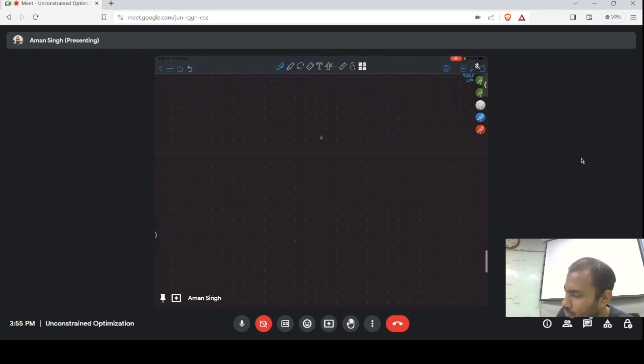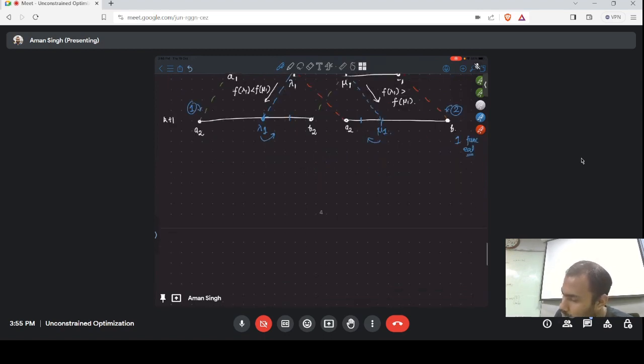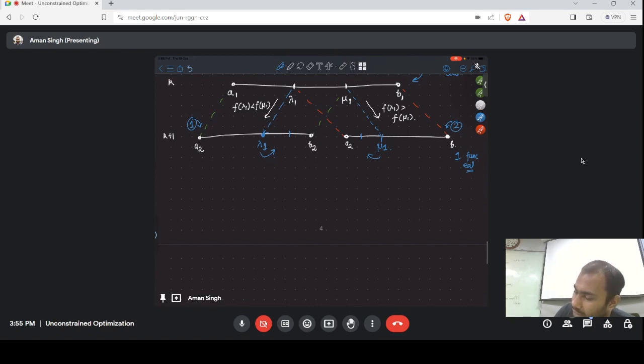Let's move on to define it. Basically, we already have f of lambda 1. We just have to find some extra point, apart from the points that we already have, and we can go on to the next iteration. One natural question is how to find the next point that we'll look at.